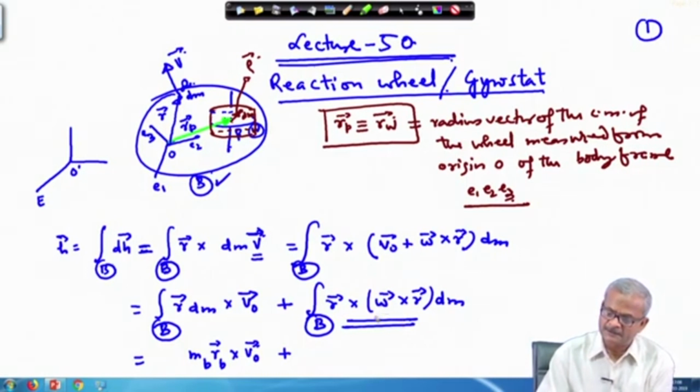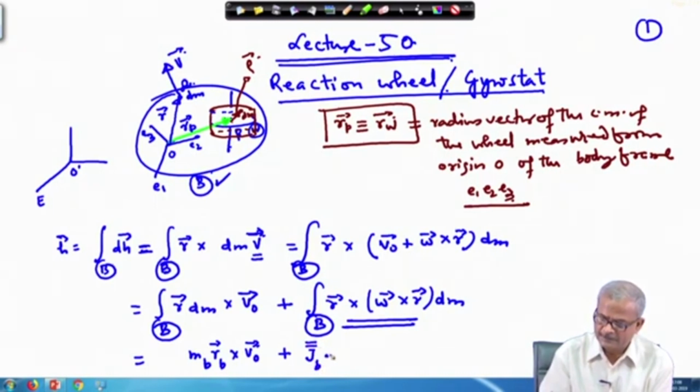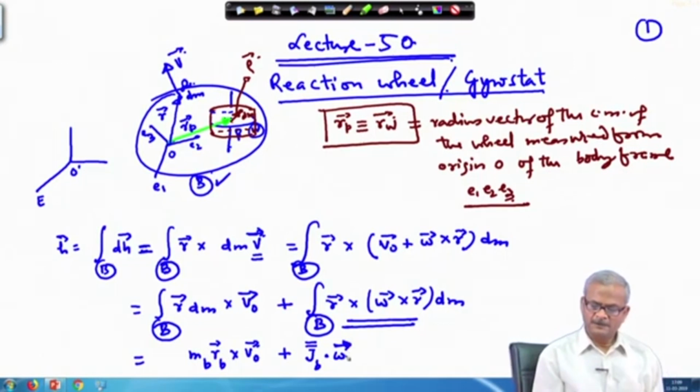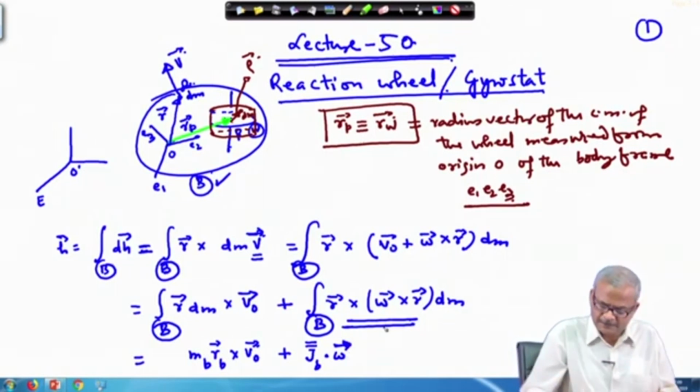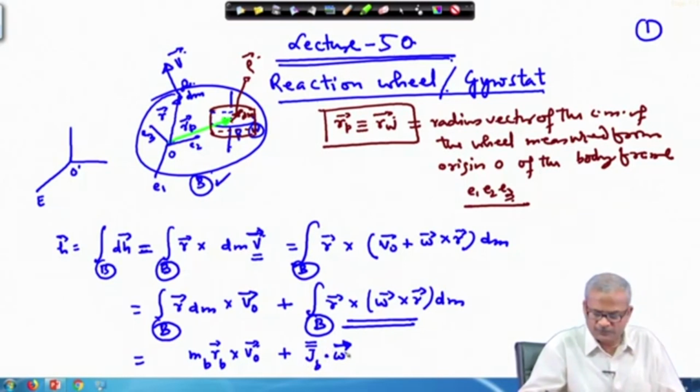This part can be written in terms of moment of inertia. Okay. So, this is the moment of inertia dyadic for the body dot omega. Okay. So, I am not expanding and working it out, because we have done it so many times that you should by now remember it.